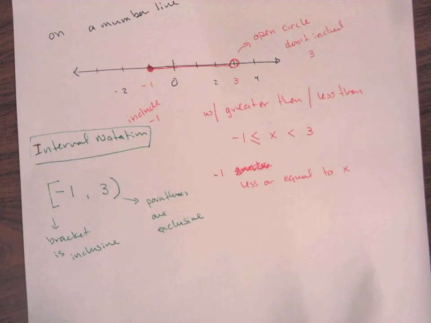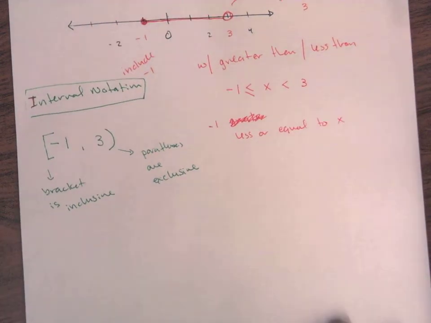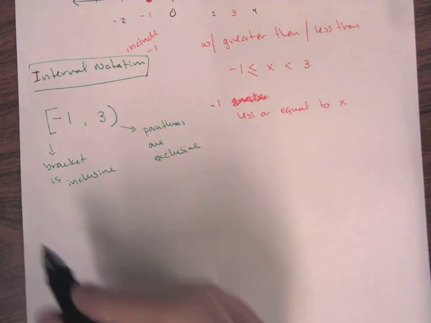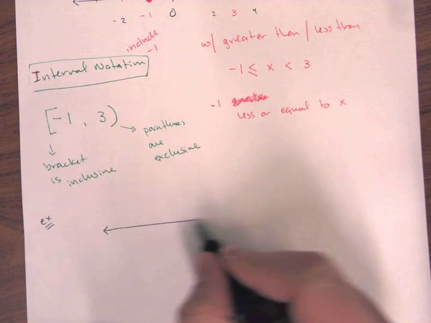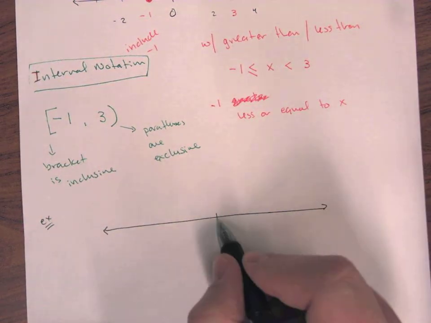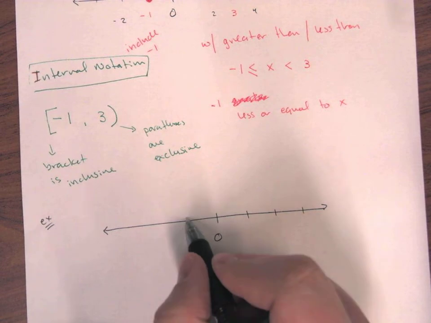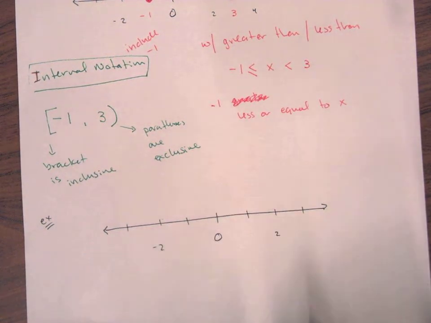If we wanted to include an interval that actually goes on forever, let me draw another number line. Same kind of thing, -2, +2.